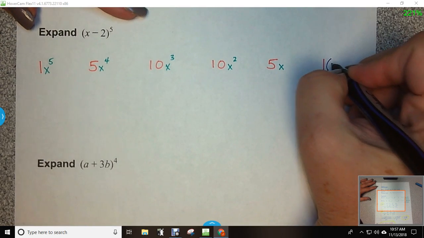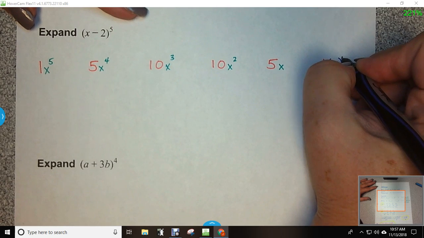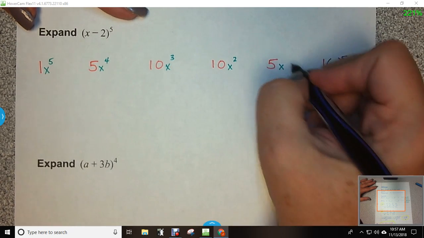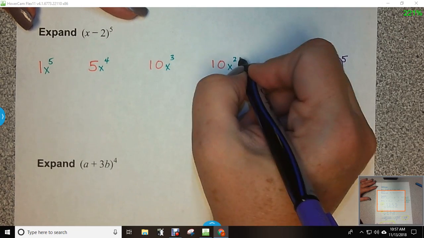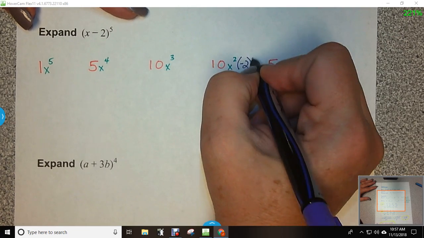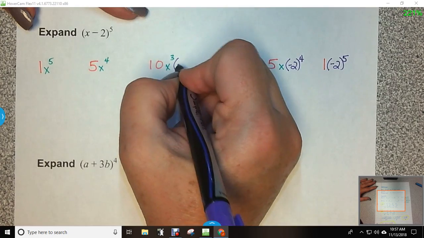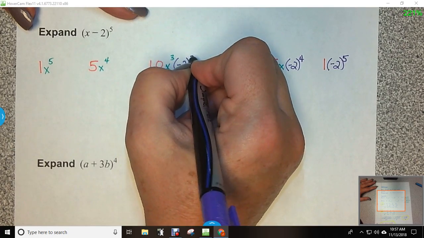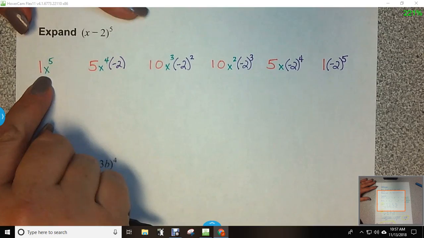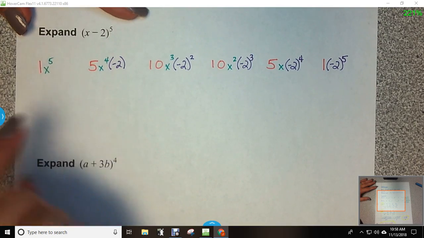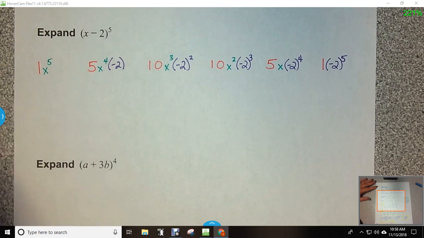I'm going to start here with a negative 2 to the 5th, and then I have a negative 2 to the 4th, negative 2 cubed, negative 2 squared, and a negative 2, and then I don't have a negative 2 to put here. Then I go back and simplify each term.